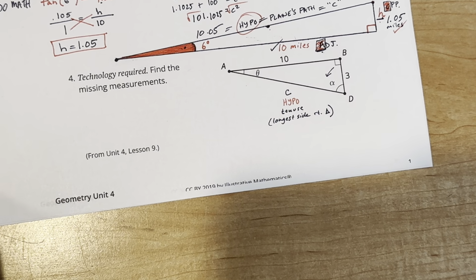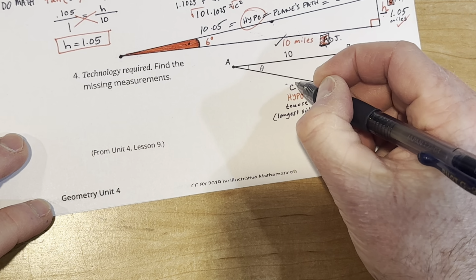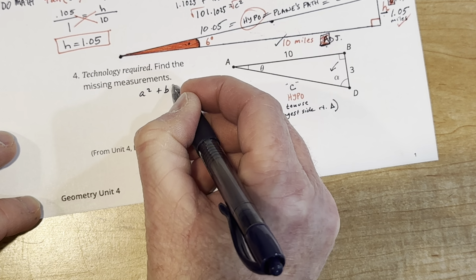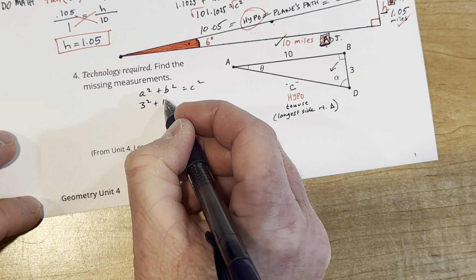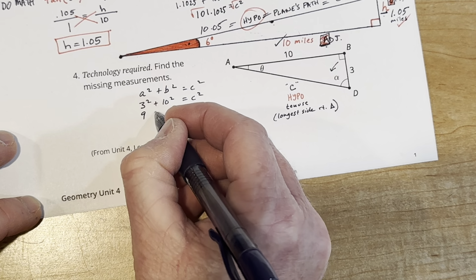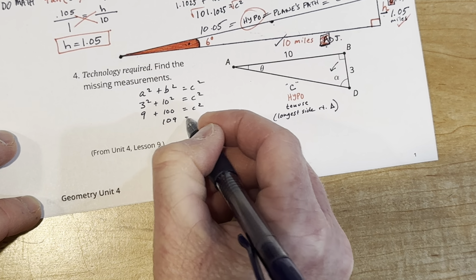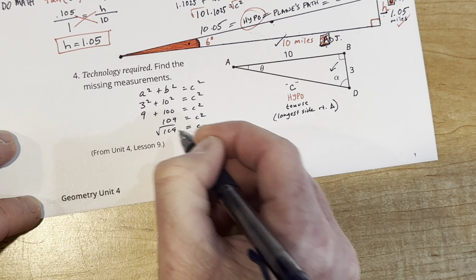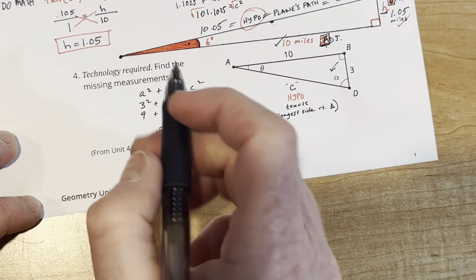That's what the hypotenuse is. Let's find it. A squared plus b squared equals c squared. 3 squared plus 10 squared equals c squared. 9 plus 100 equals c squared. 109 equals c squared. C equals the square root of 109, which equals 10.44.